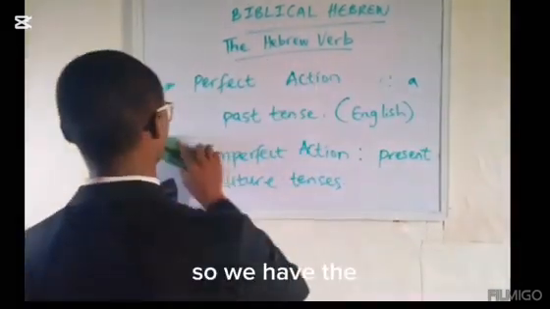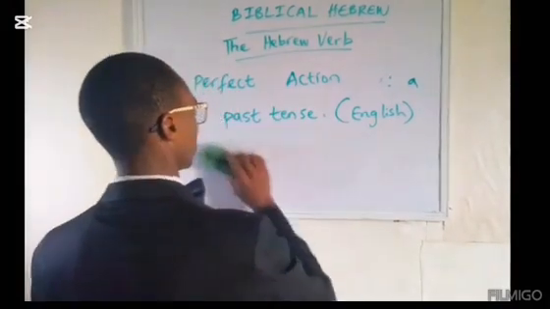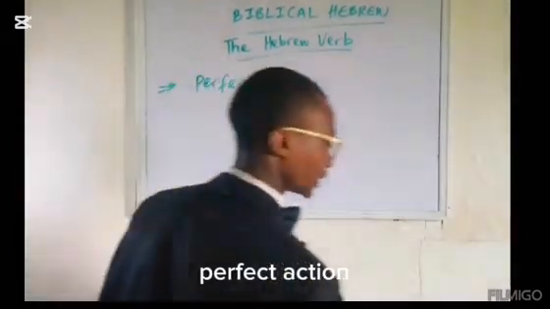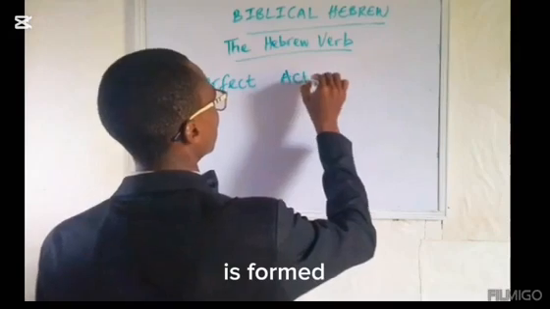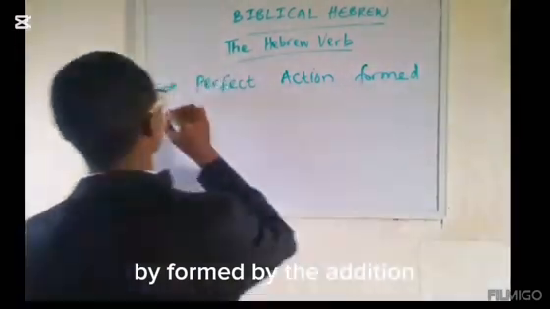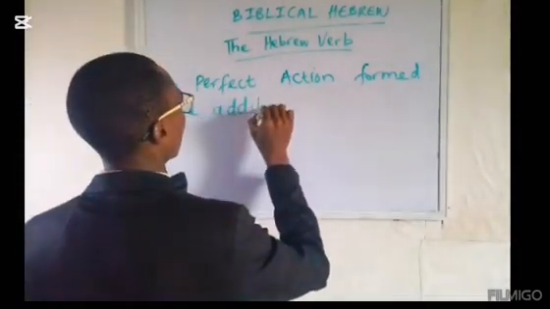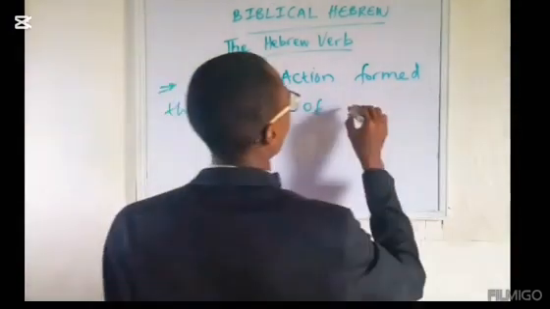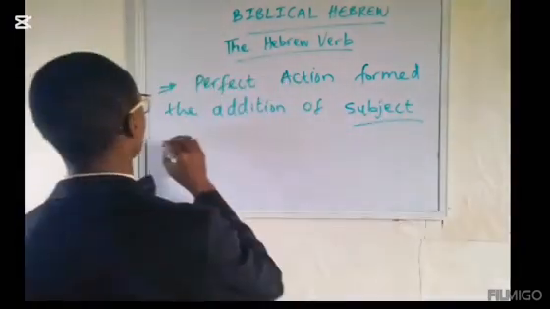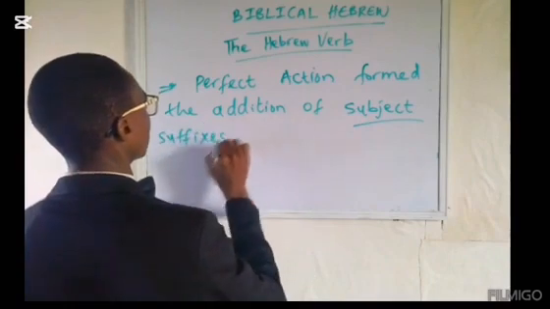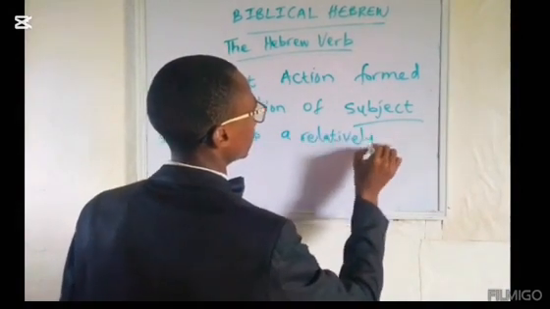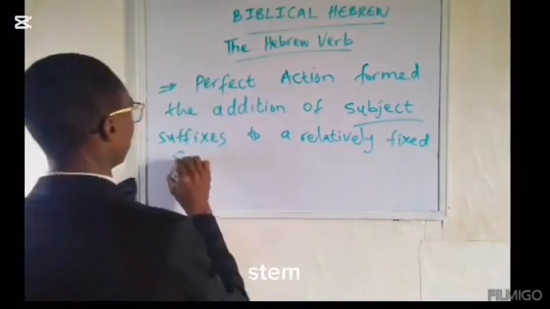The perfect action is formed by the addition of subject suffixes to a relatively phased stem.